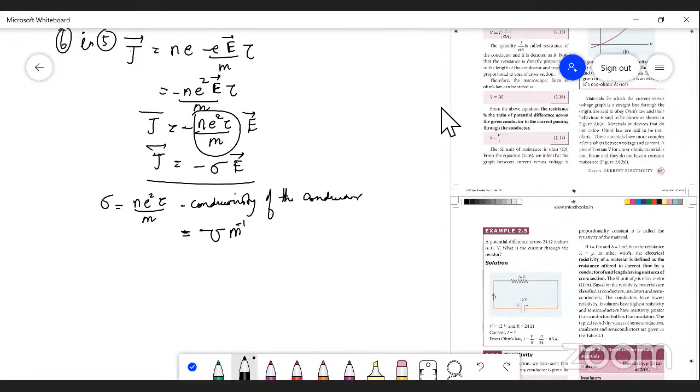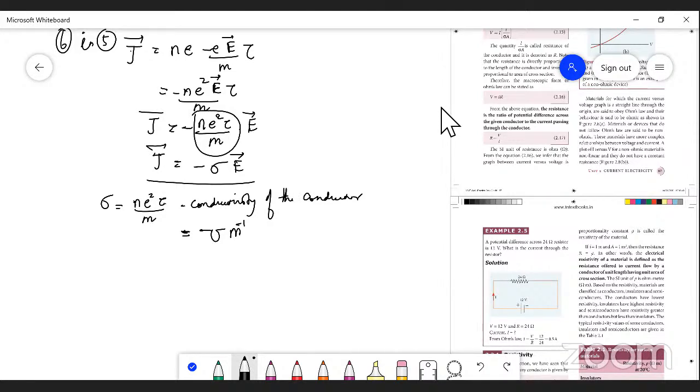The electric field direction is always from positive to negative, and current flow will also take place from positive to negative. If so, the current density should also act along the direction of the electric field. But this expression has a negative sign, which indicates that the current density and the electric field are acting in opposite directions.